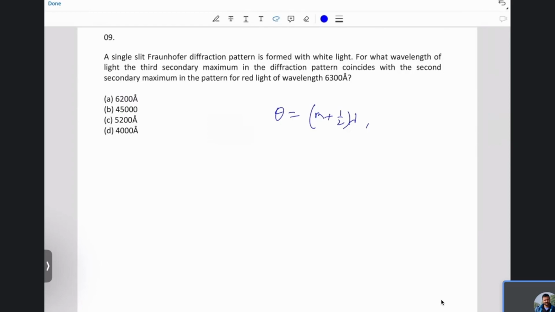So third secondary maximum means this thing. We put m equal to 3, so 3 plus half lambda, I mean this is theta 3, and for the second secondary maximum we'll put 2, correct?